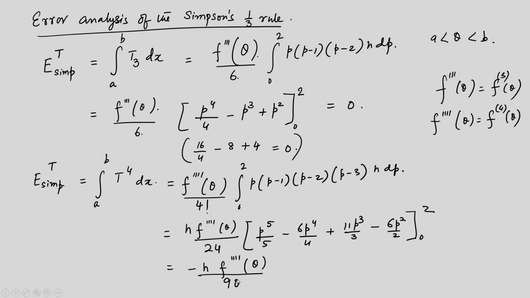Okay, so this is an error which comes as the fourth derivative multiplied by h over 90. Since dx is equal to h dp, dx by dp is equal to h.